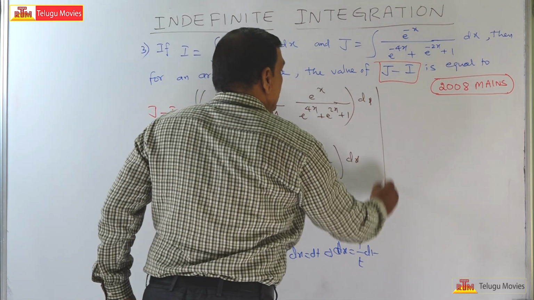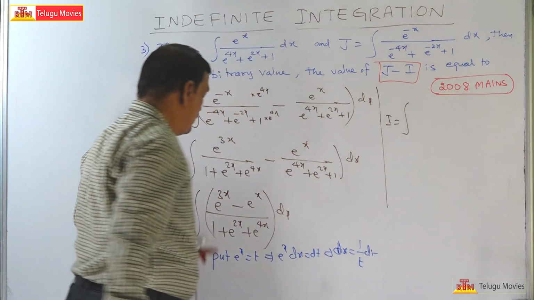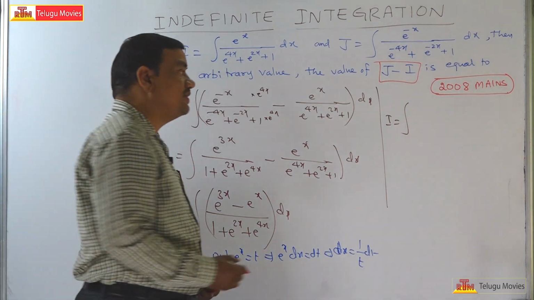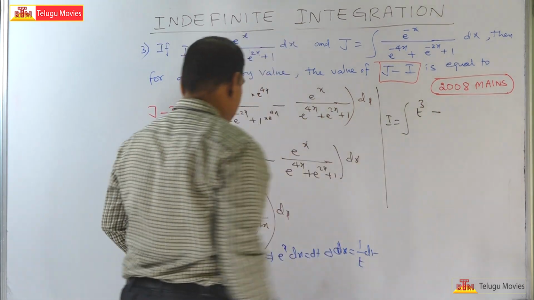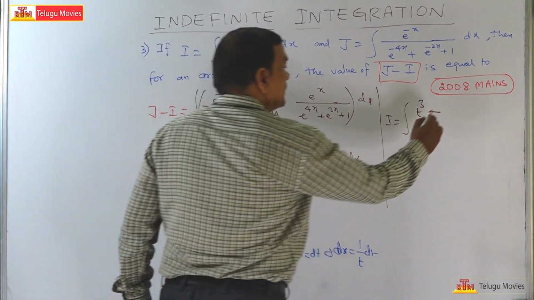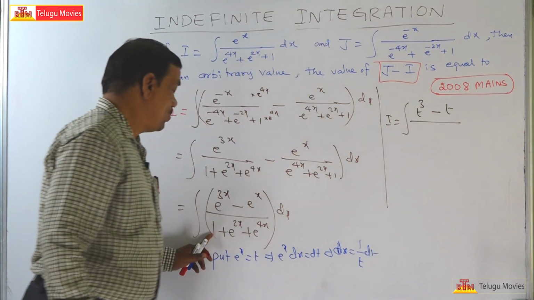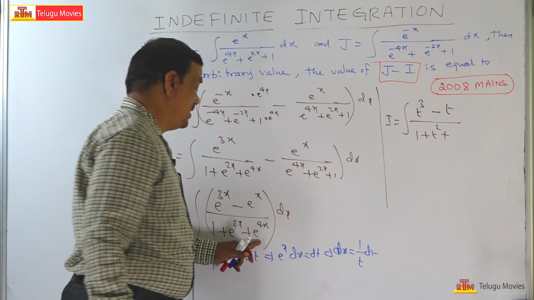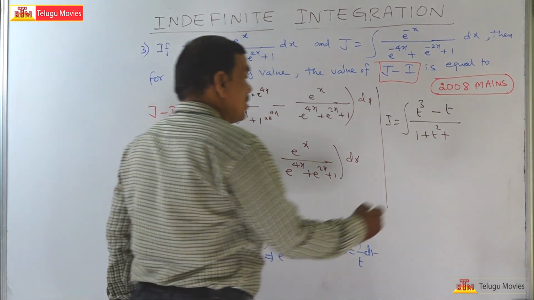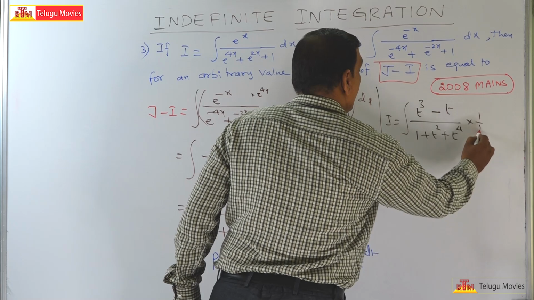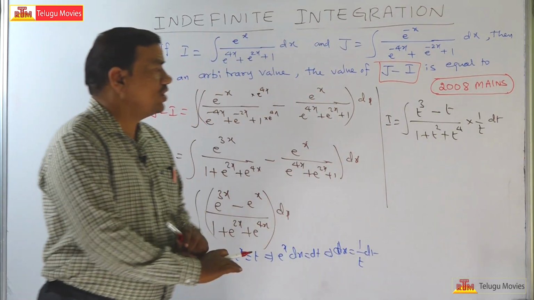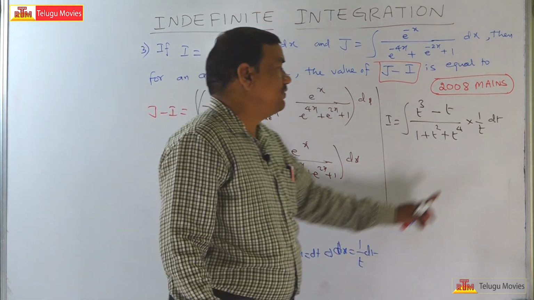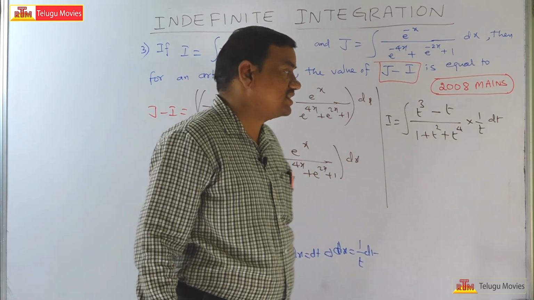Now your integral will become I is equal to the integral of e power 3x, means here e power x is equal to t, therefore e power 3x means t cube, minus this is t, divided by 1 plus t square plus e power 4x, t to the power of 4, into 1 by t dt. Understand? So now we got a totally new problem in terms of t. Then what we will do is divide by t for both the terms. Let us see what happens.